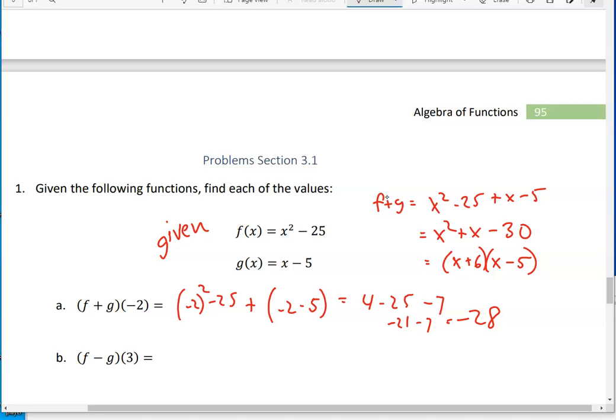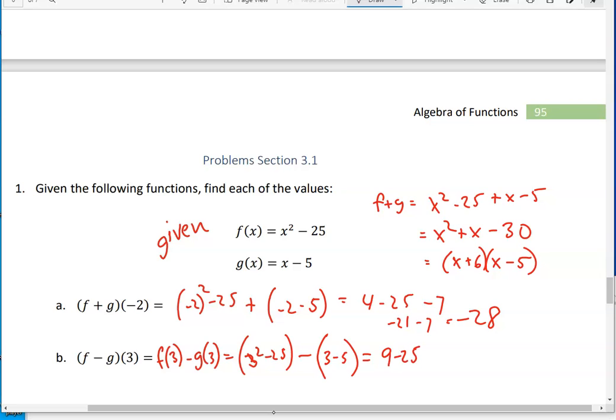just plug the value of x in separately. So let's just do f of 3 minus g of 3. Well, f of 3 is 3 squared minus 25 minus parenthesis 3 minus 5. 3 squared minus 25 is 9 minus 25.